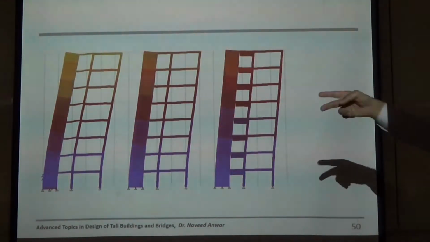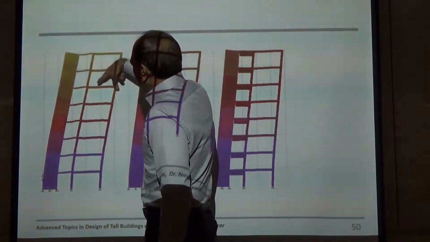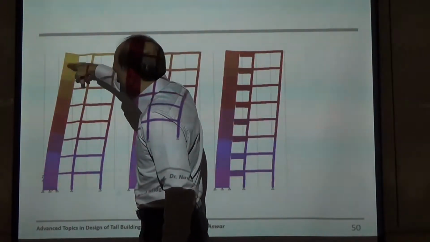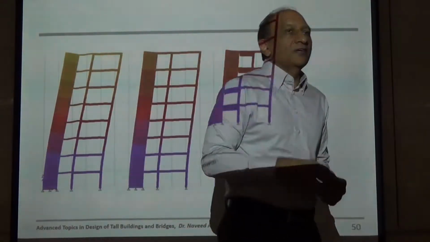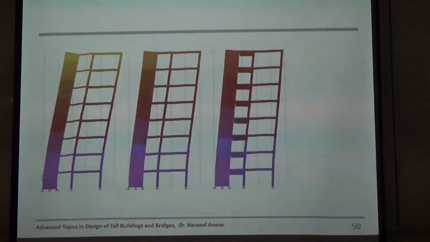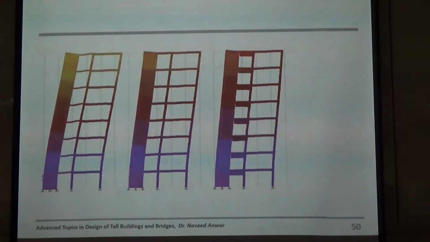Of course, the deformation pattern changes slightly because of the wall, but this is called the first level of interaction, in which there is no force transfer between the wall and the frame. They are just connected together, they bend together, and they interact a little bit. So there is some tension and compression between them.